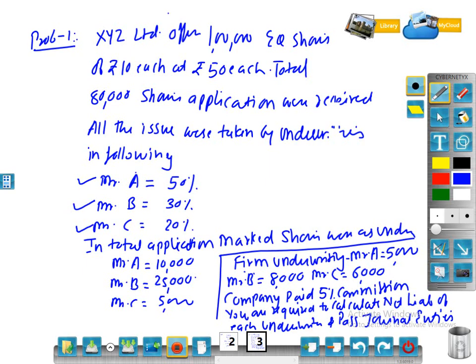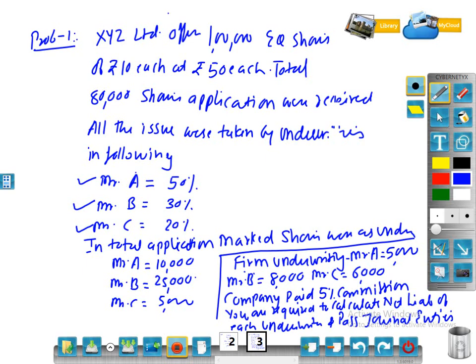So 100% risk is divided between A, B, C in the ratio of 5 to 3 to 2.